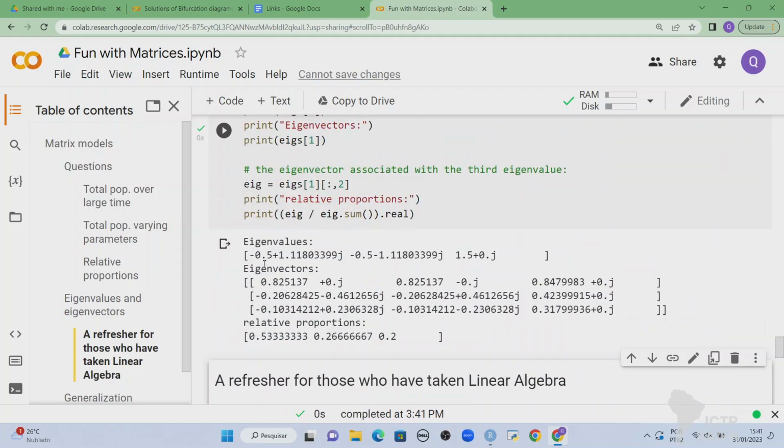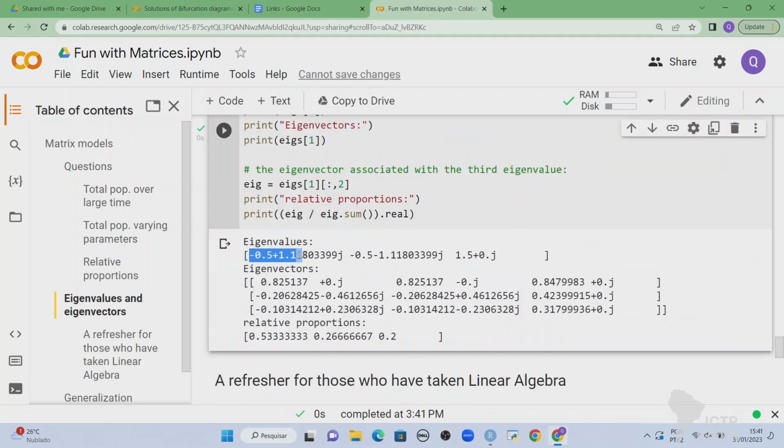So you see there are three eigenvalues. The first two have this j, an imaginary part, and when you see an imaginary part in an eigenvalue, usually you see oscillations. At the beginning we saw large oscillations, but the largest eigenvalue has zero imaginary part. What is its value?